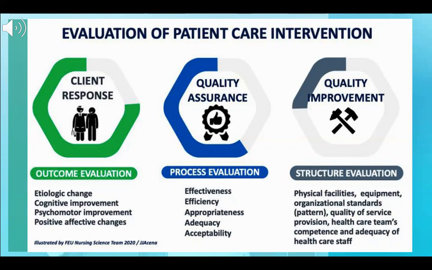Another type of evaluation that ensures quality improvement is structure evaluation, where physical facilities, equipment, organizational standards, the quality of service provision, the healthcare team's competence, and the adequacy of healthcare staff are being evaluated. Okay, so these are your types of evaluation. By the way, in outcome evaluation, we also have two types: the summative evaluation and the formative evaluation.